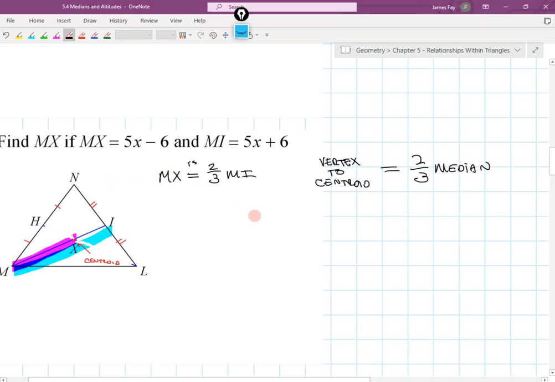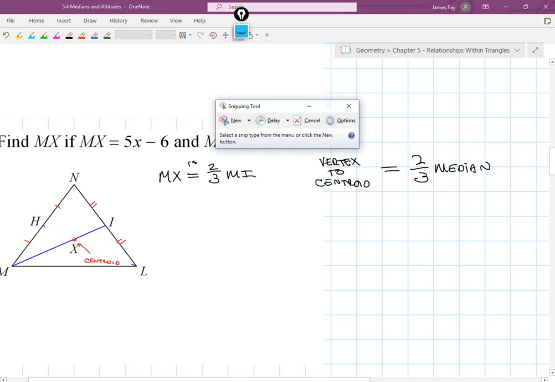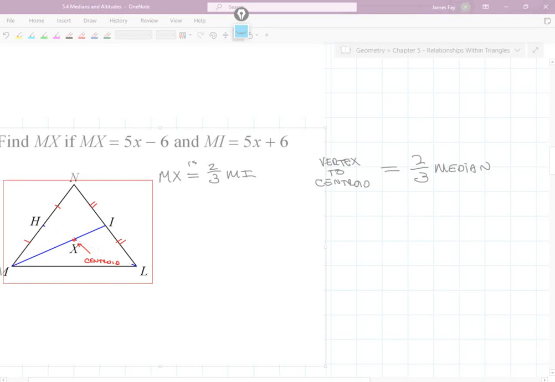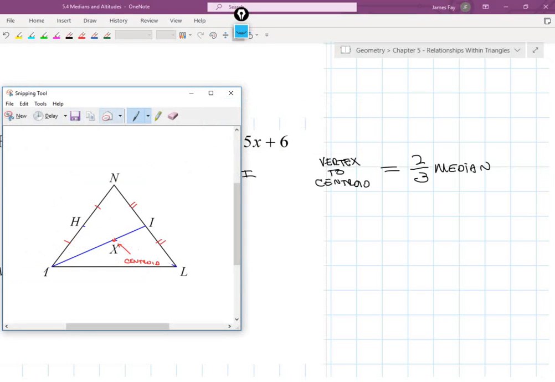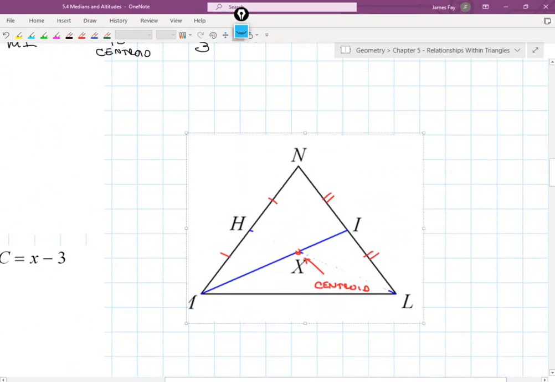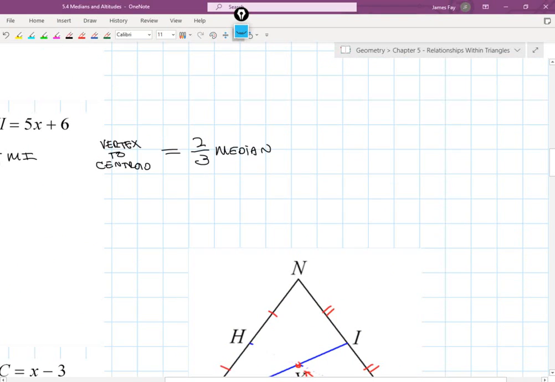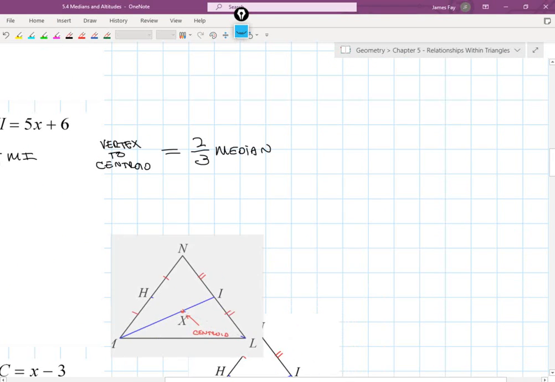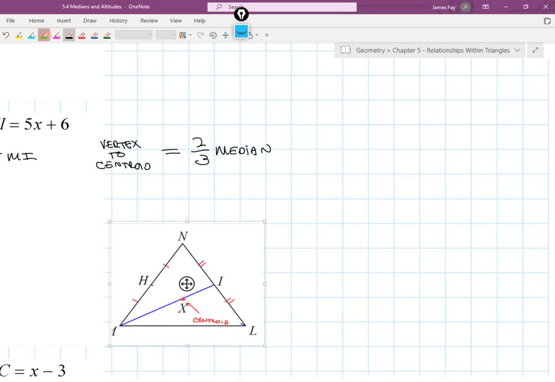If they were asking about, let me just cut this picture out real quick. So that's the relationship that we'll use here in a moment to do that specific problem. But let's say that they were asking us to compare that distance to the entire median.